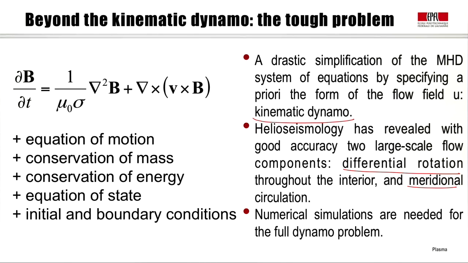Together with the induction equation, we should use the equation of motion, conservation of mass, conservation of energy, some equation of state, and of course all these should be coupled to initial and specific boundary conditions. This problem is obviously too difficult to be solved analytically, and numerical simulations are needed for the full dynamo problem.